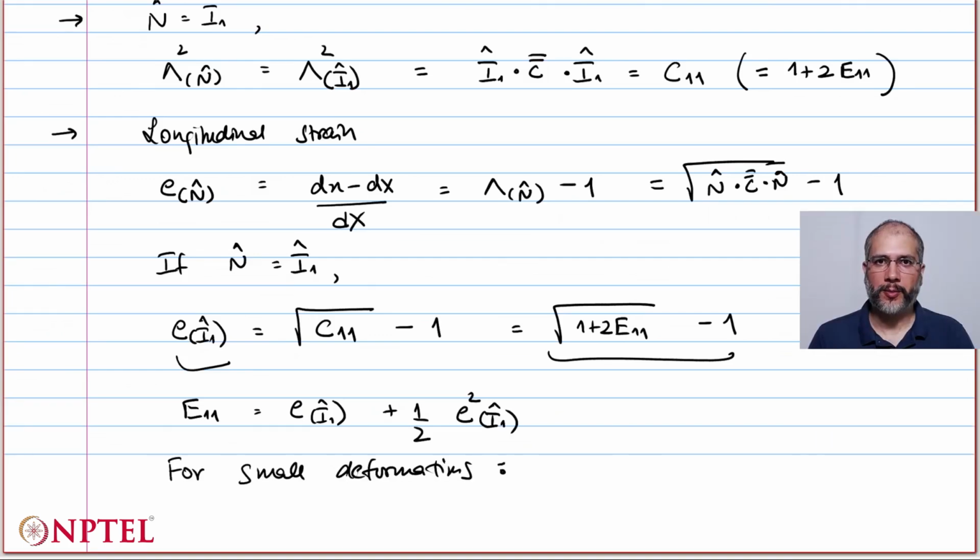Now for small deformations, what we see is that E11 just is small e I1 hat, because e squared is much smaller than e. And this agrees with the fact that the longitudinal strain in the coordinate direction is equal to the diagonal term of the epsilon tensor. So for small deformations, capital E degenerates to epsilon.